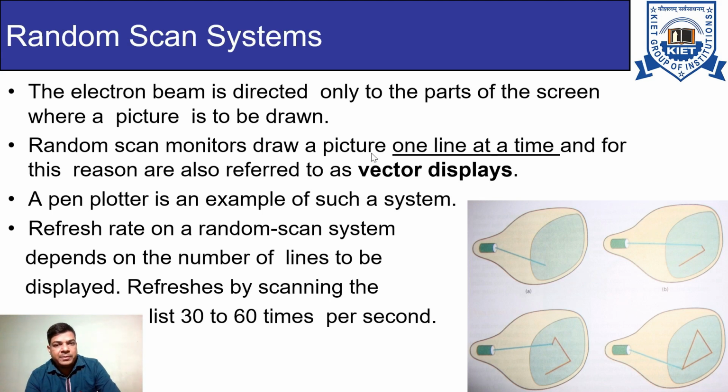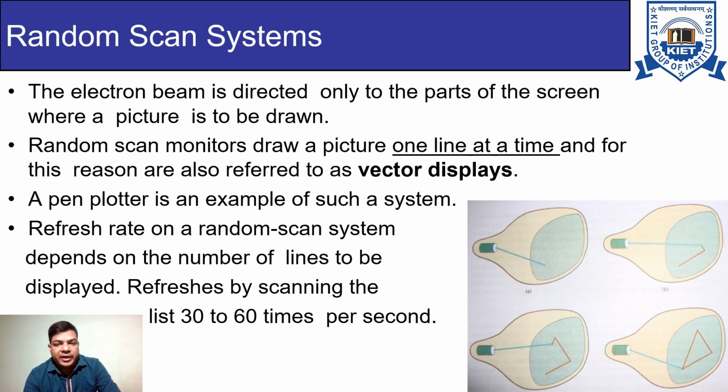Random scan monitors draw a picture one line at a time, and for this reason are also referred to as vector displays. So you can see in the figure the electron beam is started at this position, and initially it has plotted this line, and after that it is plotting this line, and finally it is plotting this line. So you can see in the figure we have a triangle, and we know that a triangle is a kind of object which consists of three lines.